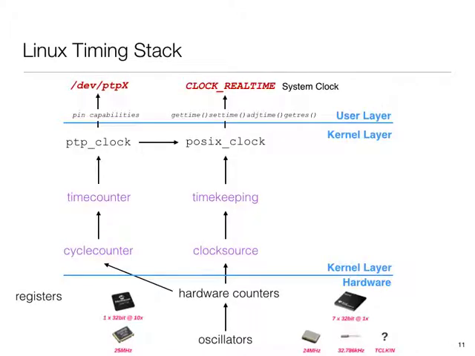Just to elaborate the difference between this one and this one, let's see which path they both will take for time stamping. Let's suppose an event occurred on a pin, right? What happens when an event occurs on a pin? An interrupt occurs, right? So this system clock can capture that event at maximum in the software, cannot capture that event in the hardware.